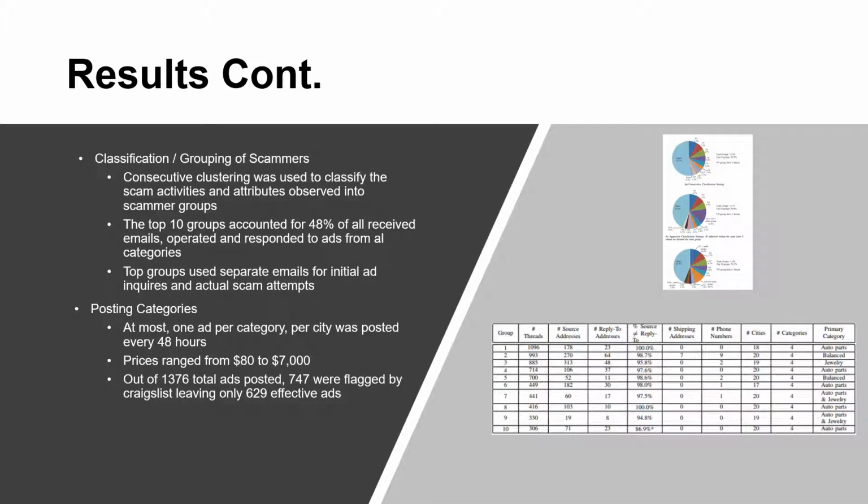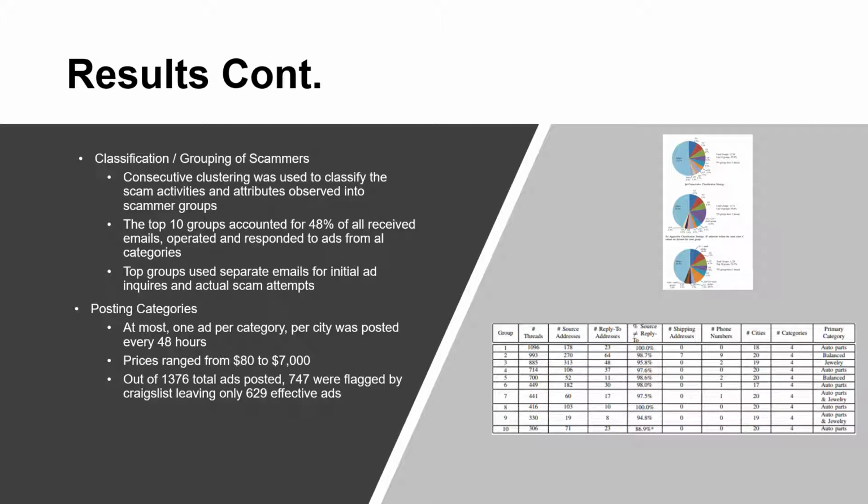In order to discover how prevalent these scam organizations infected Craigslist and determine the scope of their operations, the researchers classified the email messages into groups based on similar attributes and discovered the 10 top groups with the most threads. 48% of the scam attempts that were observed can be traced back to one of the top 10 groups.